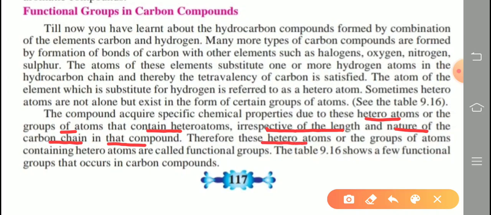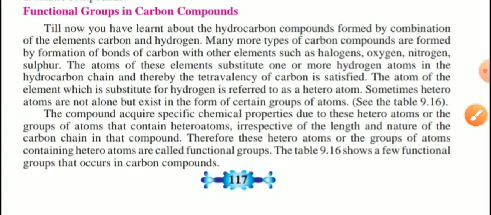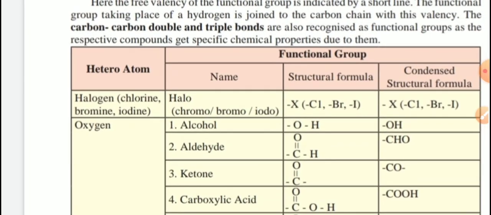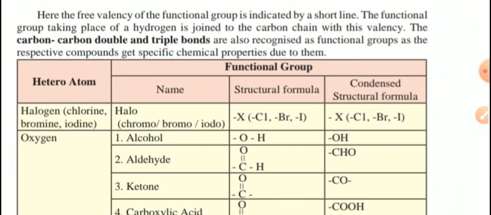Therefore, these heteroatoms or groups of atoms containing heteroatoms are called what? Functional group. What do you mean by functional group? So that answer is given here. Now table 9.16 shows a few functional groups that occur in carbon compounds. See what different functional groups are shown in the table. Here, the free valency of a functional group is indicated by a short line.